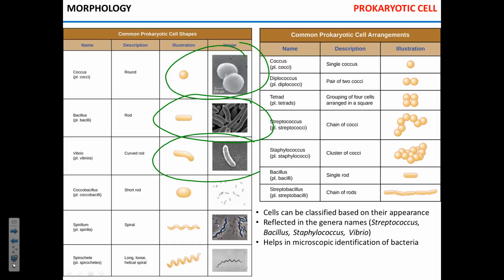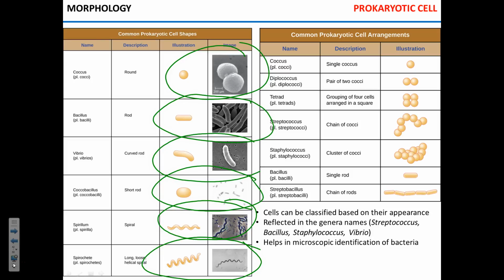Coccobacilli. I'm trying to remember the pathogen, which is a coccobacillus. It's definitely not Neisseria. I don't remember right off the bat. And Spirillum and spirochete are fairly similar.